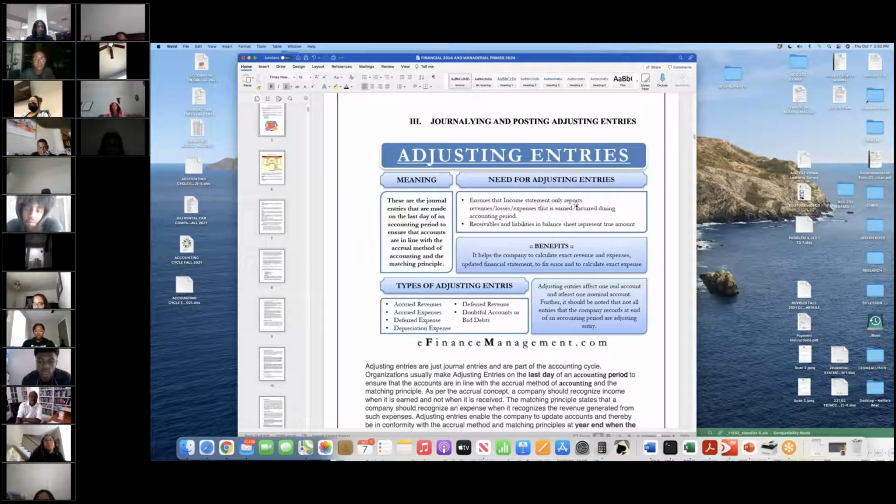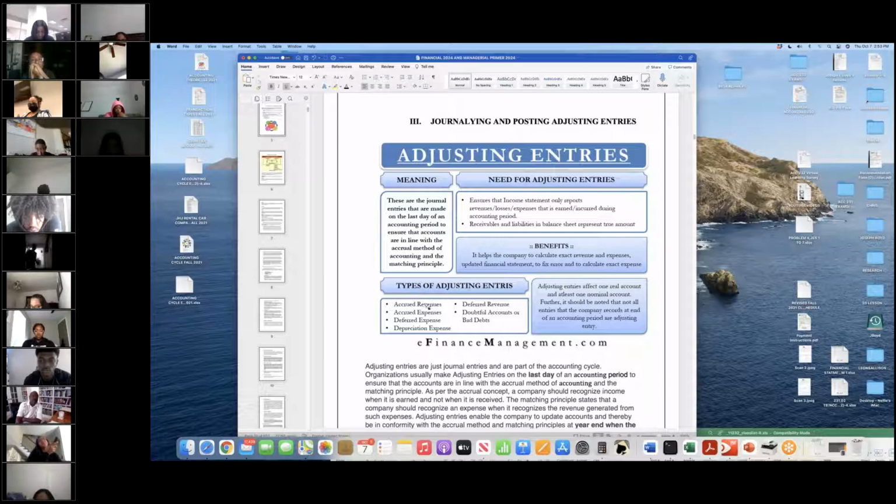It's going to ensure that the revenues and the expenses, the assets and the liabilities are correct. Without adjusting entries, the assets are not correct, the liabilities are not correct, and the revenues and expenses are not correct. So that's the purpose of adjusting entries.